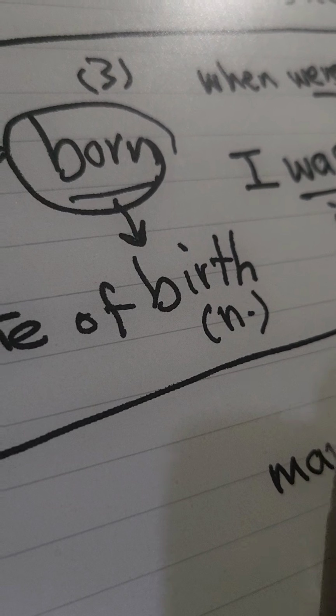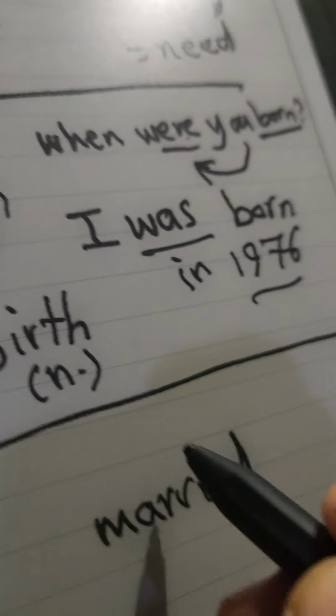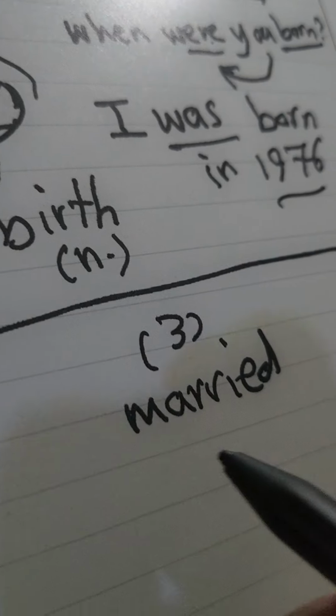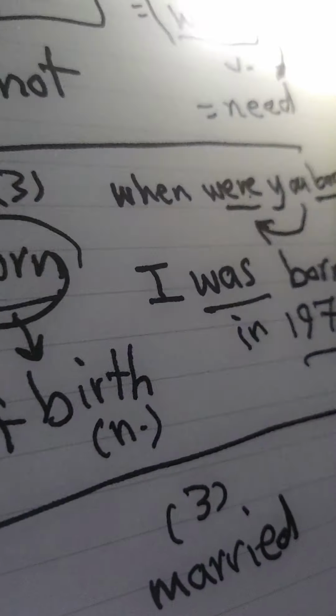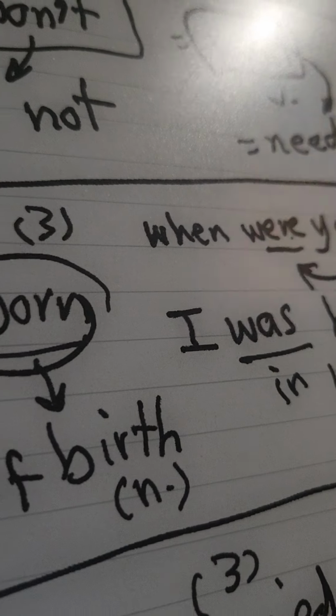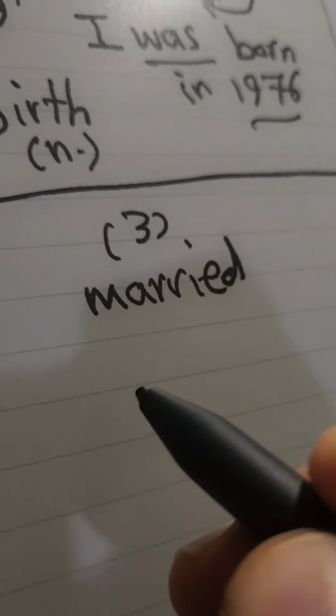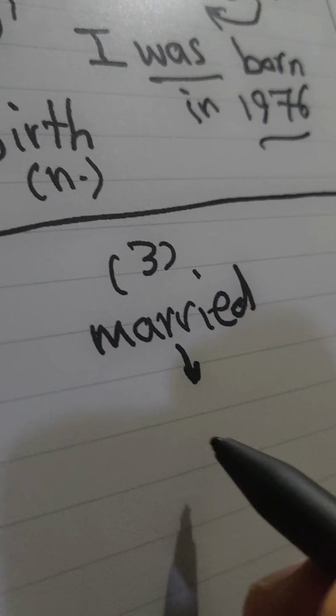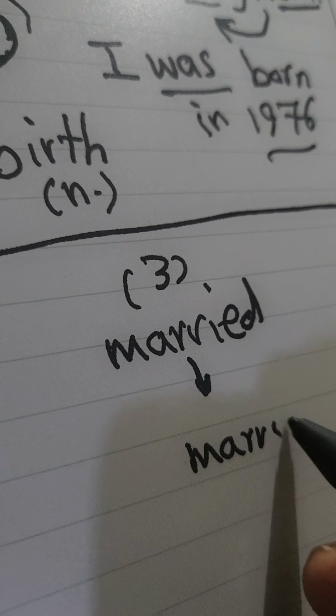Second is about married. Married is the third form of marry. Now married is from the noun marriage.